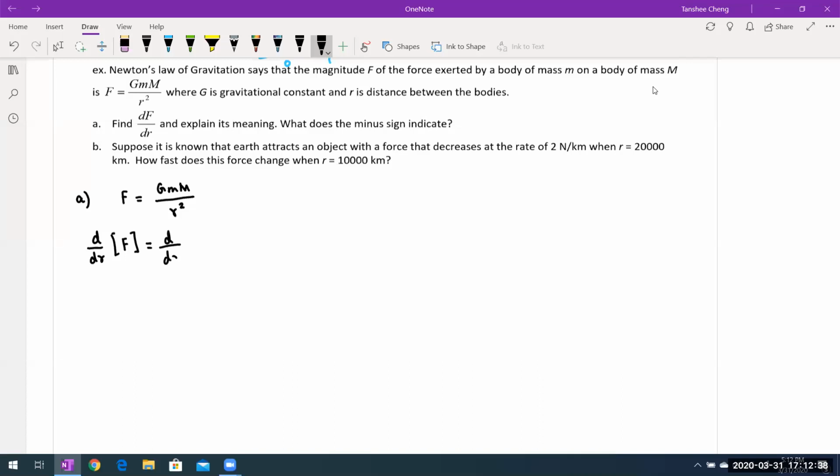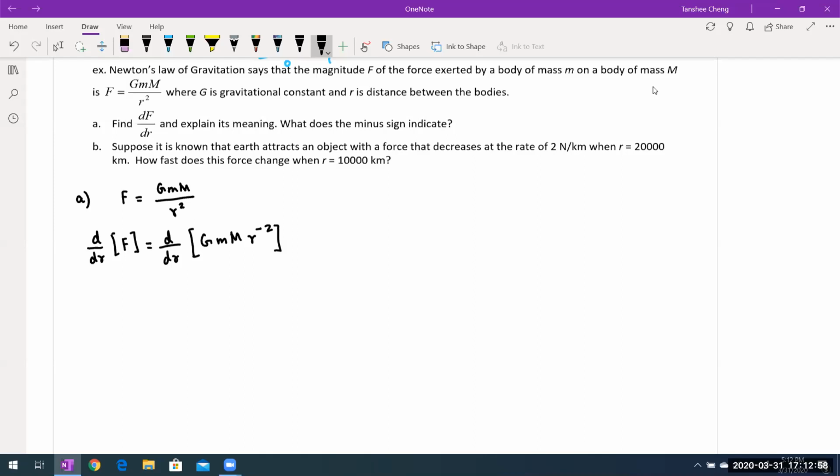So take the derivative with respect to R on both sides. For this part, to make it easier for us to take derivatives, I'm going to rewrite it as R to the negative 2 power. Remember, G, little m, and big M are constants.